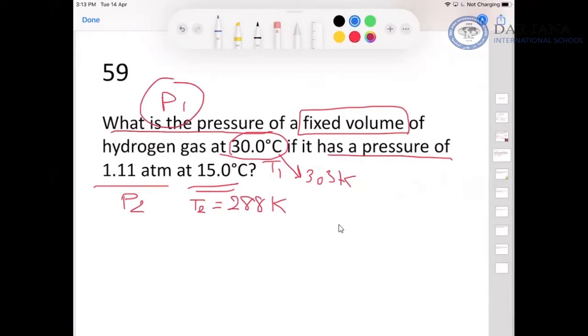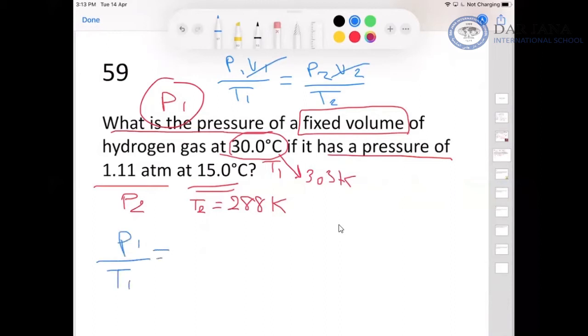Now let's say you did not figure out at the beginning which law to use here, but you know that you have two pressures, you have two temperatures, so you start P1 V1 over T1 equals P2 V2 over T2, and then since they said that the volume is fixed, so you cross off the volume, and you are left with P1 over T1 equals P2 over T2, and you are going to apply Gay-Lussac's law.